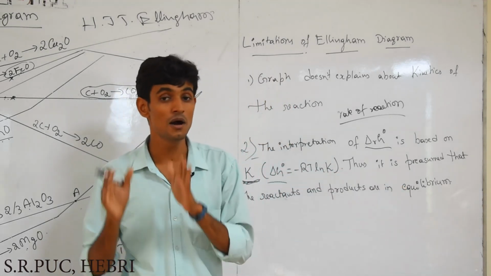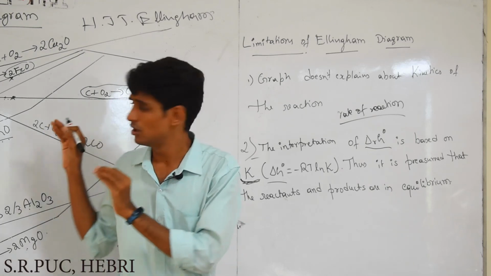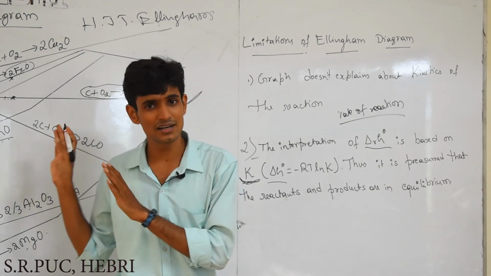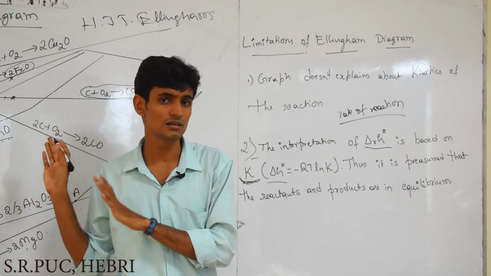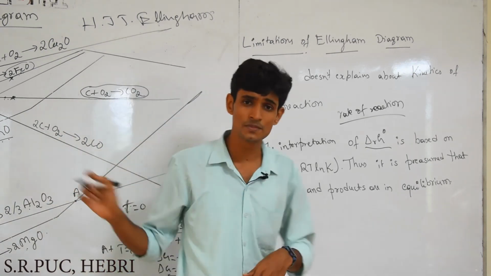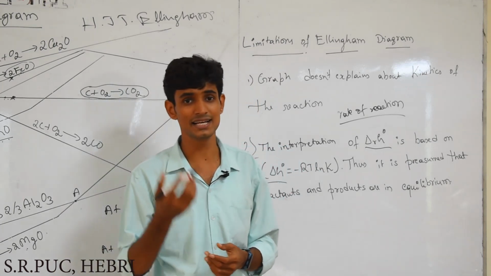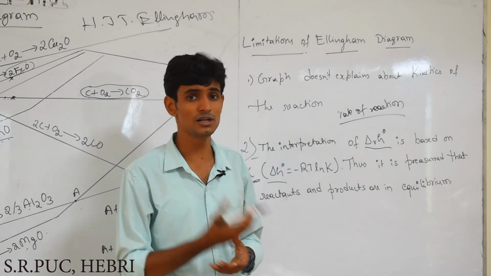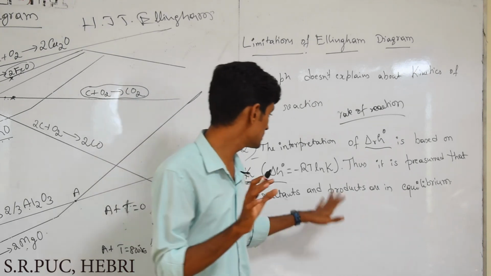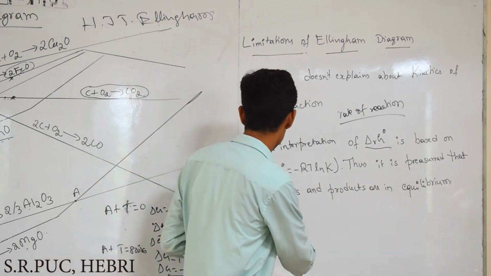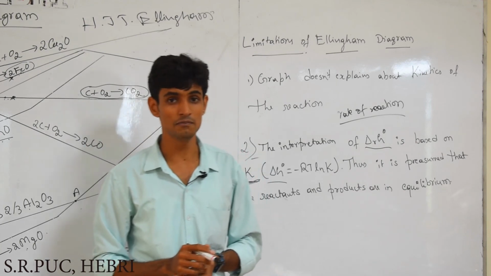But sometimes in these reactions, the metals or metal oxides may not be in equilibrium, in some cases like when the reactants are in solid phase. This is one of the limitations of the Ellingham diagram.